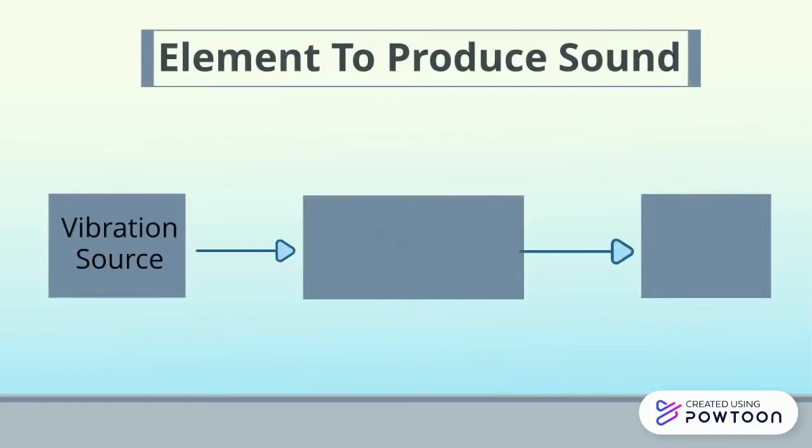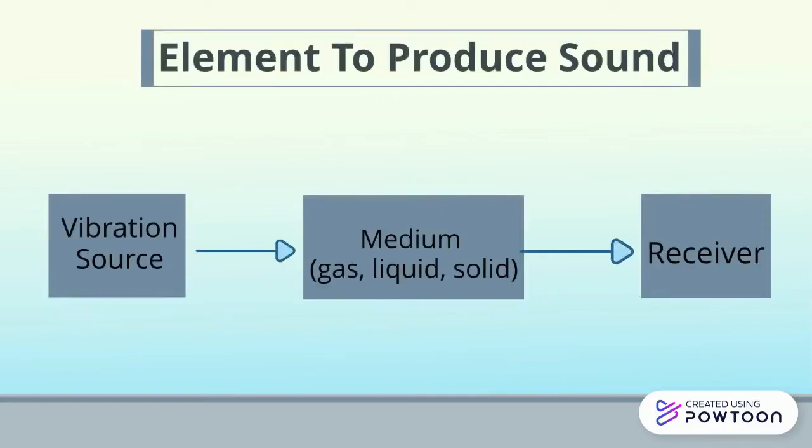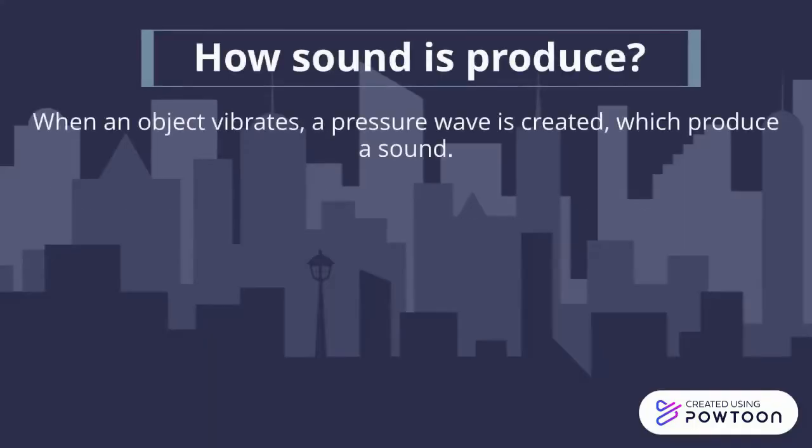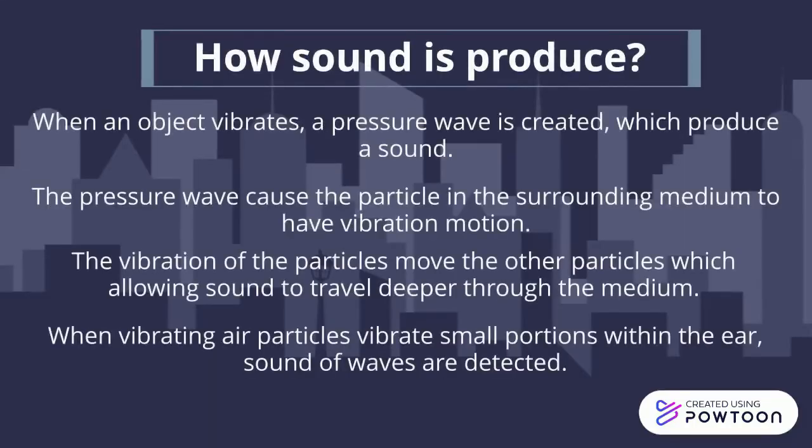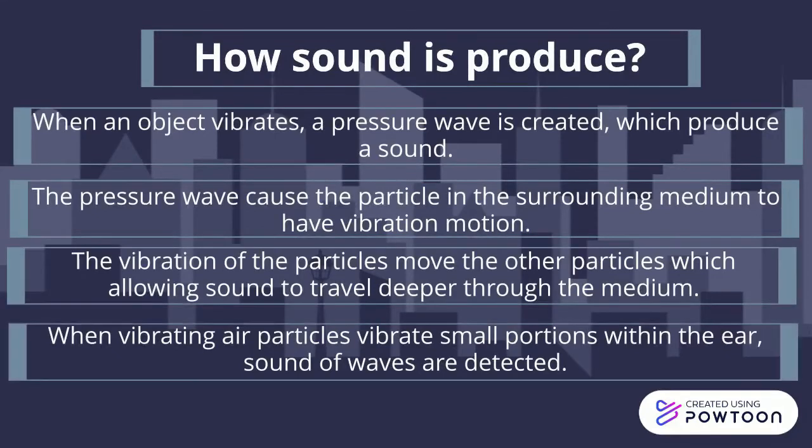Elements to produce sound: firstly, a vibration source goes to a medium, which consists of gas, liquid, and solid, and then to the receiver. Firstly, when an object vibrates, a pressure wave is created which produces a sound.